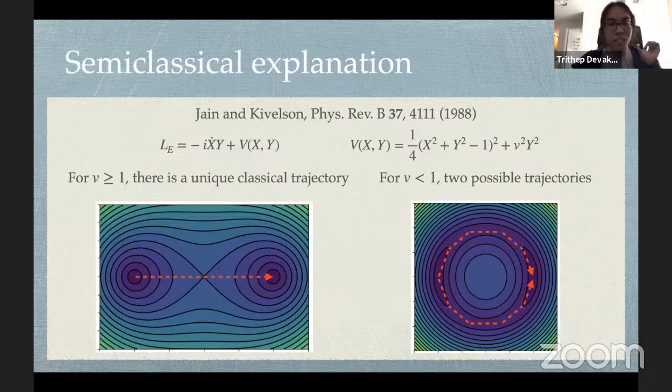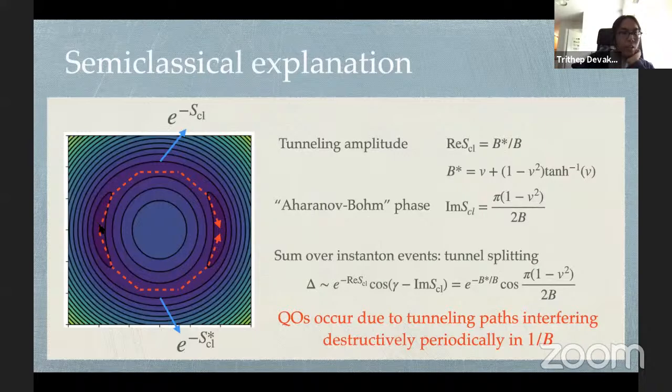So what does this mean? Well, if you consider tunneling along this one path, you have some action associated with that, e to the minus S classical. And what you can show is that the other path ends up with the same action, but complex conjugated.